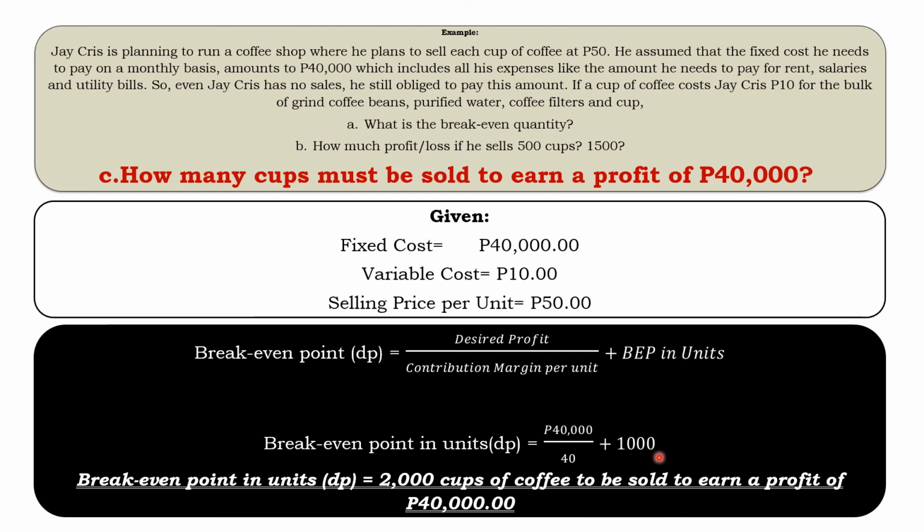Therefore, the required number of cups to be sold to earn a profit of 40,000 is 2,000 cups. Okay, so J. Chris has to sell 2,000 cups of coffee before he will earn a profit of 40,000 pesos.